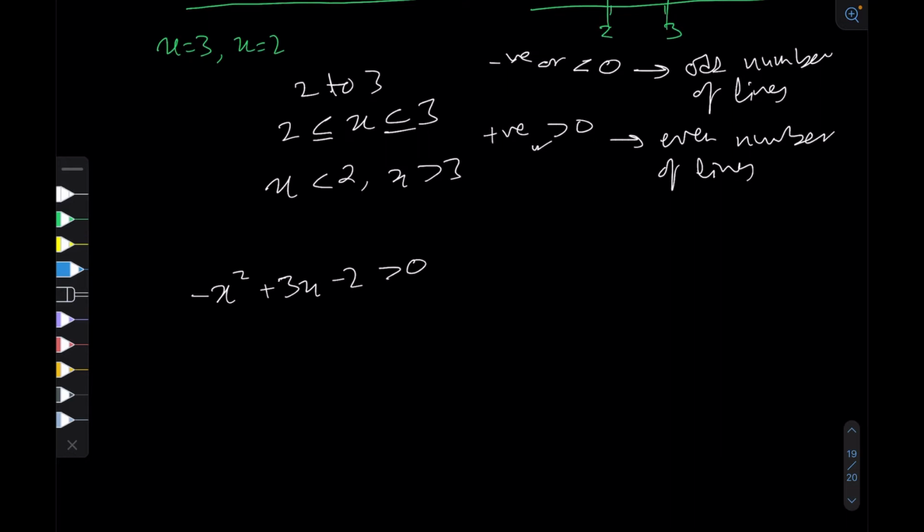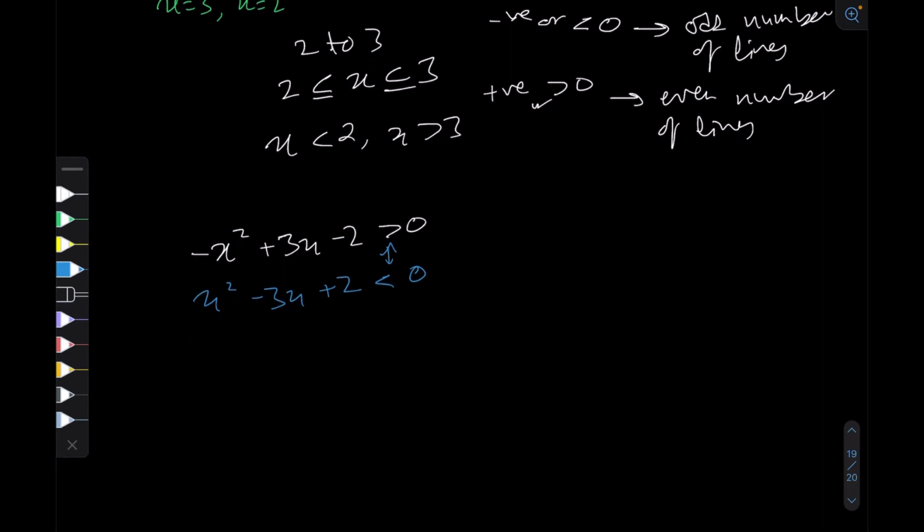You can think of it as multiplying by minus 1, or as sending this stuff over there. So what we'll end up with would be x squared minus 3x plus 2 is less than 0. Notice how the sign switched.